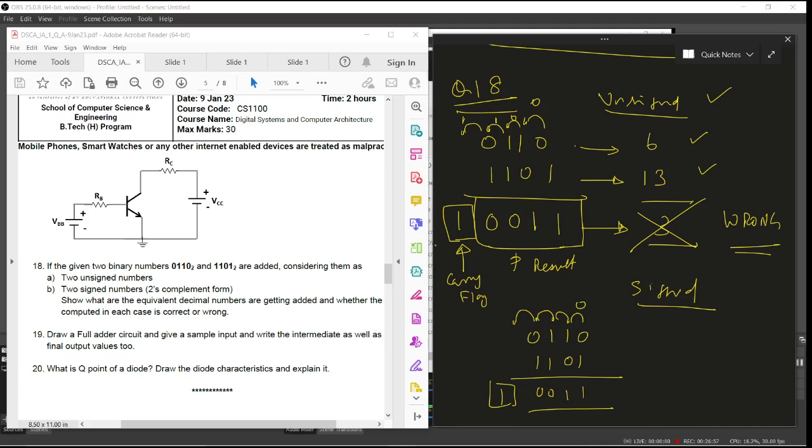So this is 0 0 1 and 1. That one is here. One thing we need to remember: in signed addition we are not going to look at the carry flag. The results are the same and the carry flag is set in both, but if the software knows that it is a signed addition and the numbers given are signed numbers, then we are not going to look at the carry flag.